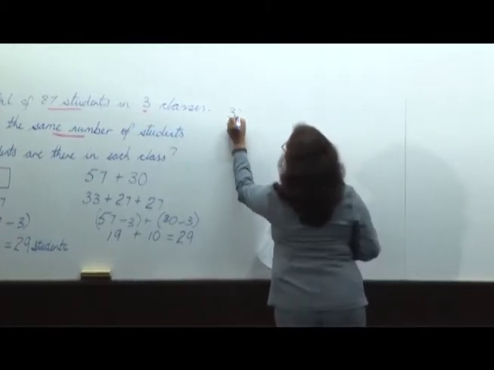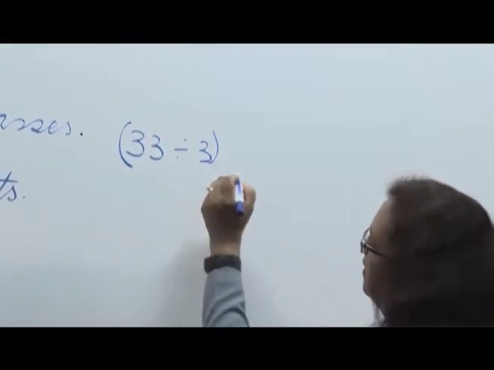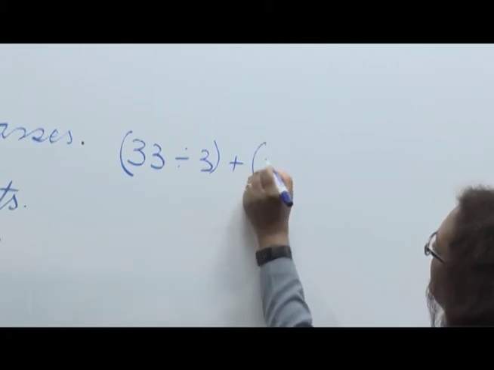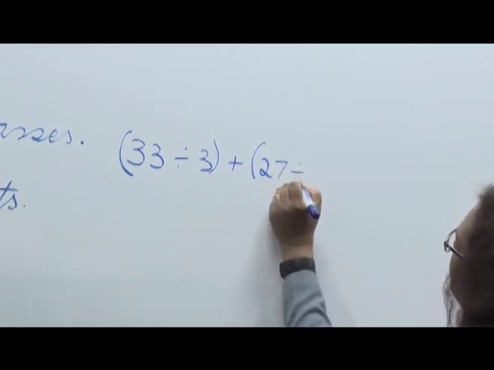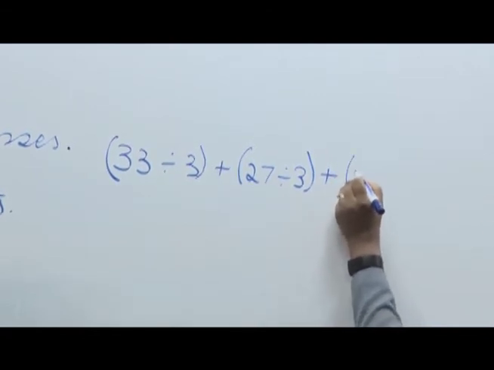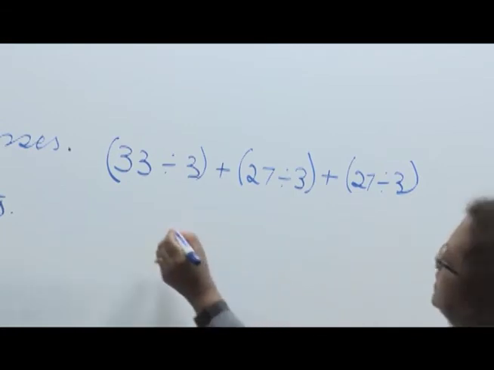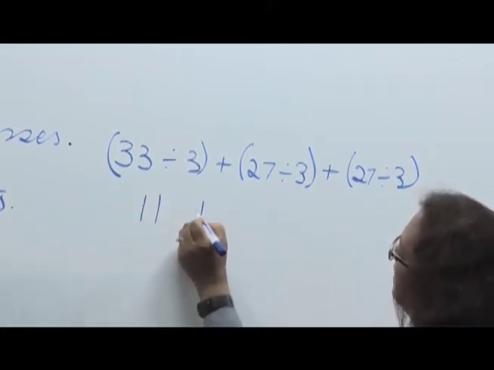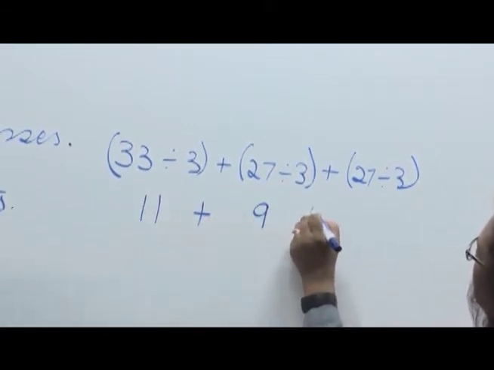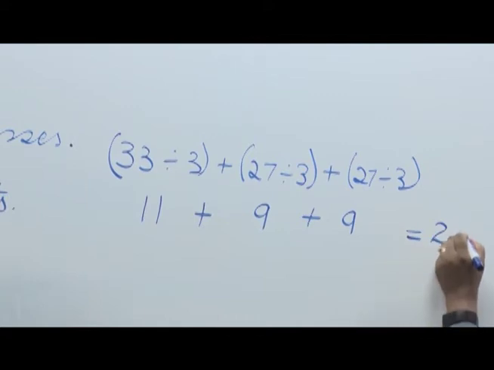Then 33 divided by 3, add 27 divided by 3, add again 27 divided by 3. So I'm going to get 11, add 9, add 9 again. And if I add those numbers, I'm going to get 29.